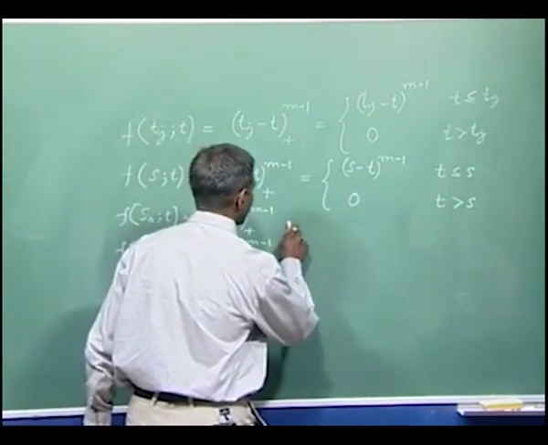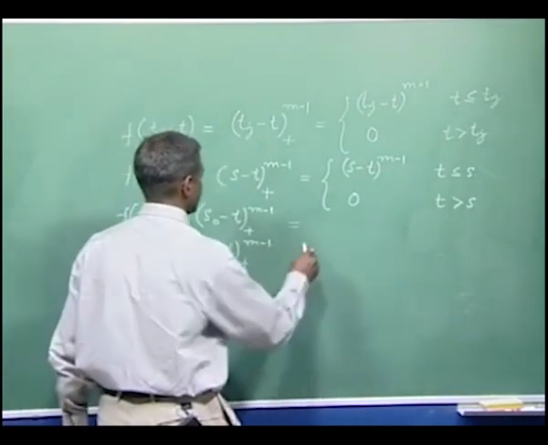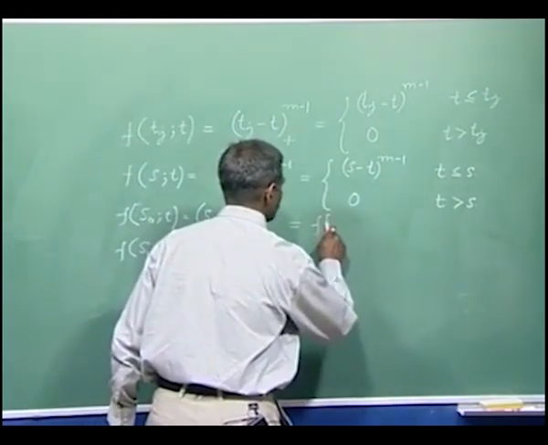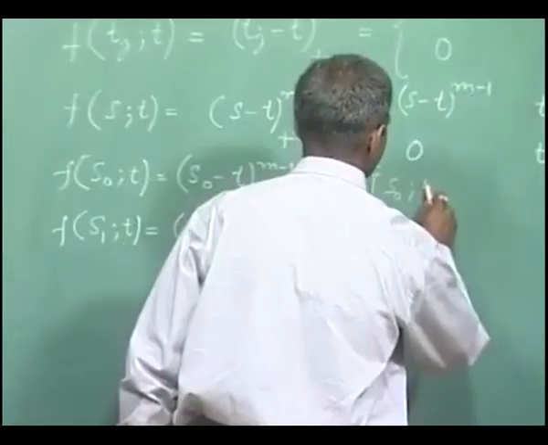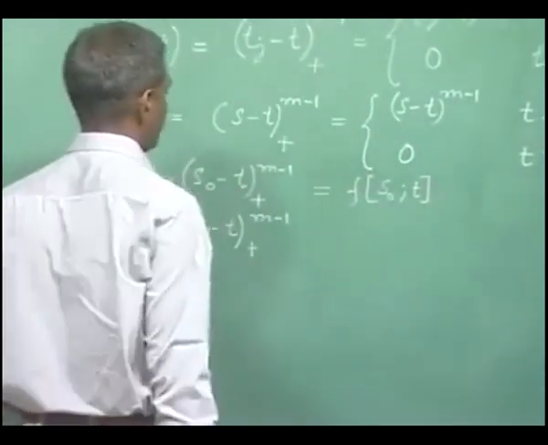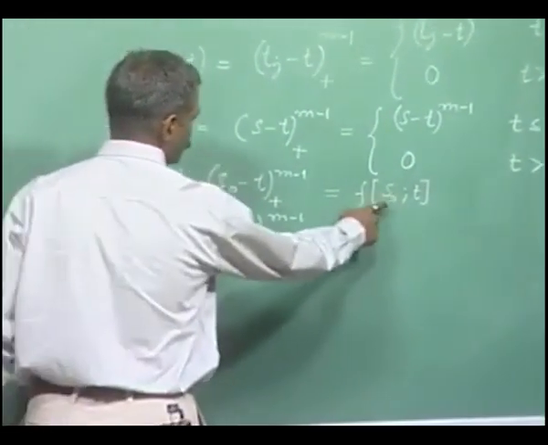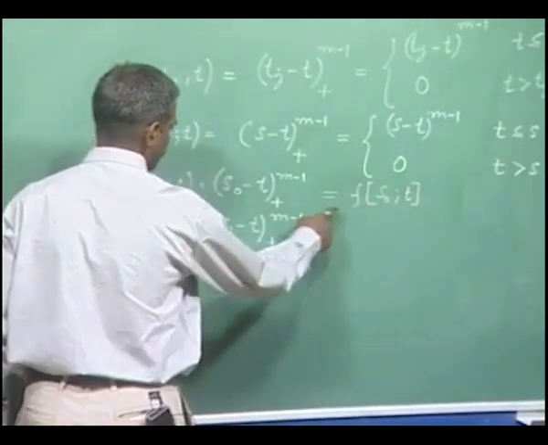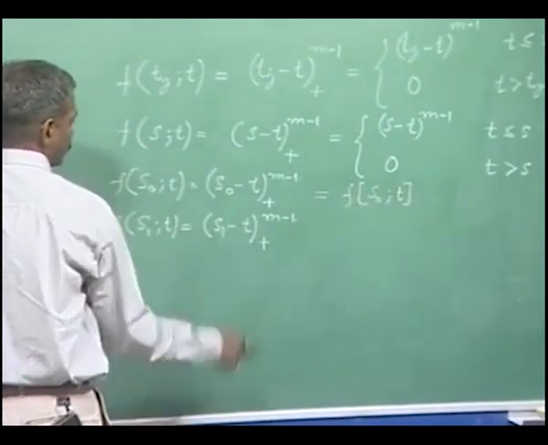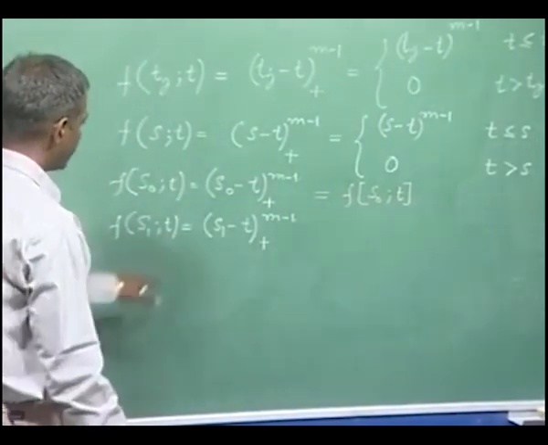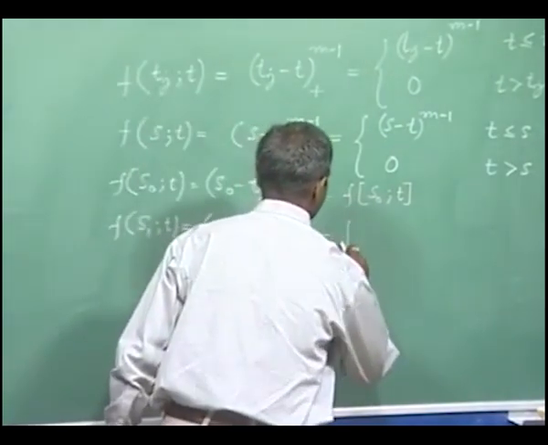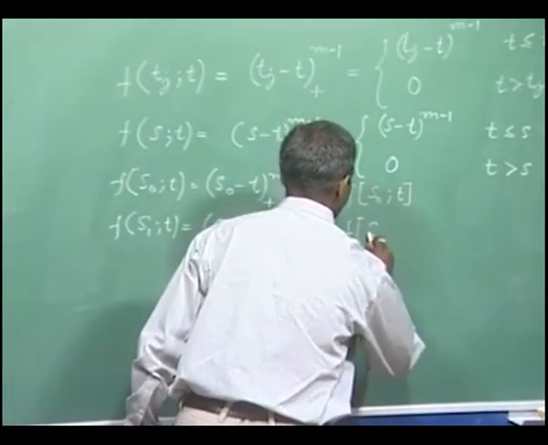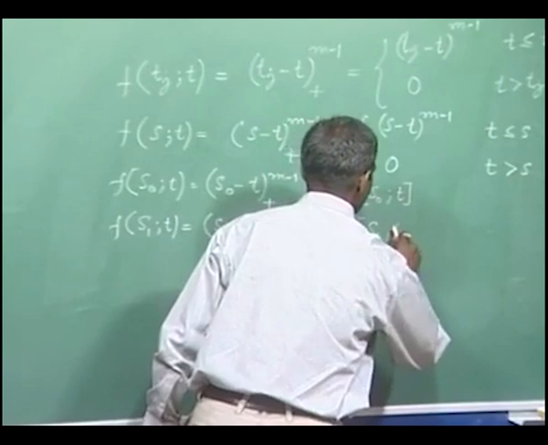Being consistent with the notation, I can write this as f[s0 : t], the 0th divided difference with respect to s0. Likewise, this can be written as f[s1 : t].